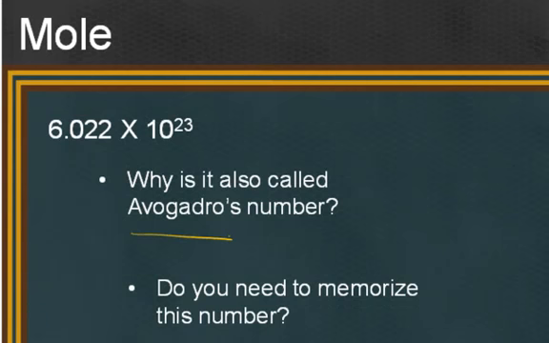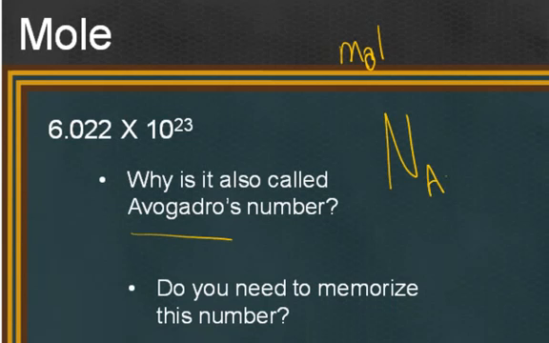Now, sometimes you'll see the mole abbreviated mol. That's a common abbreviation for the mole when it's found next to units. Also, in equations, when you're referring to the number of items in a mole, or Avogadro's number, sometimes it's a capital N with an A next to it.